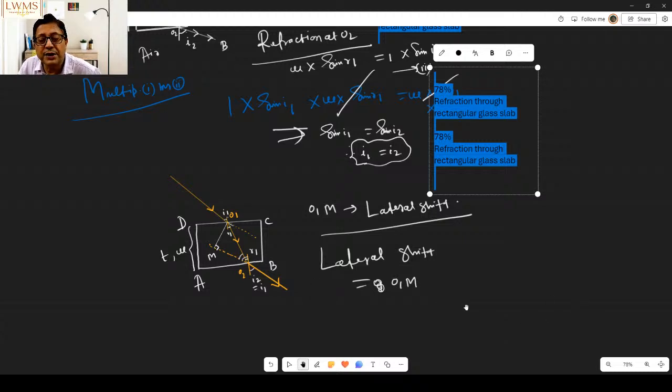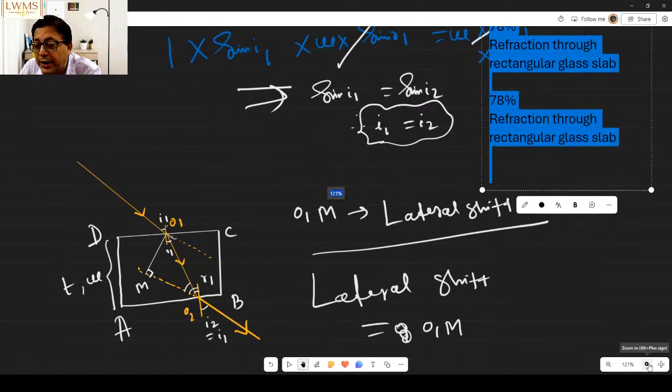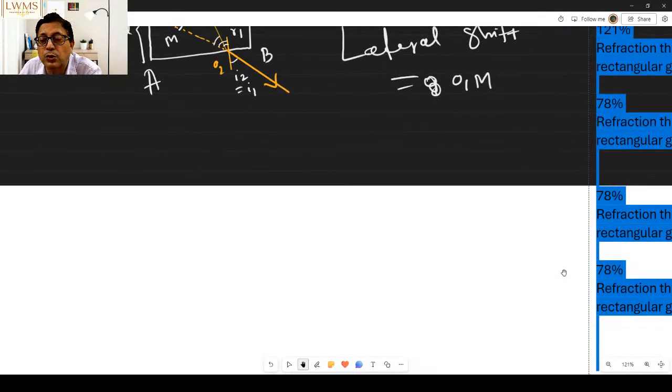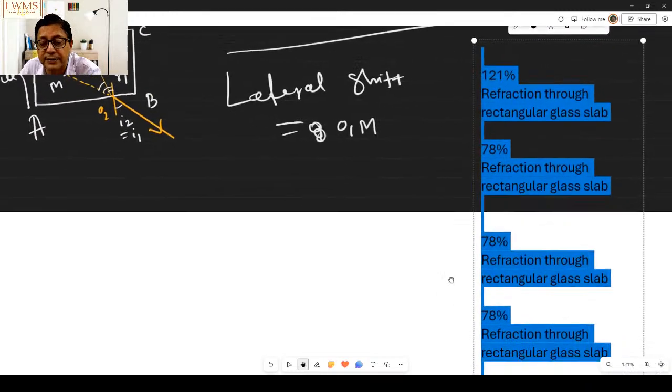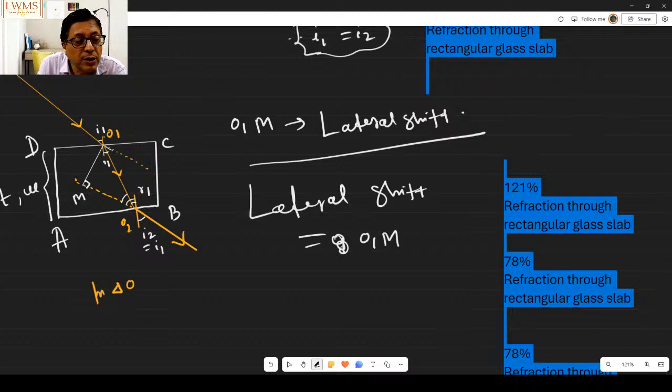So we are going to find this O1m, which is the lateral shift, and when we find this lateral shift O1m, we will find its value in the triangle O1m O2. In the triangle O1m O2, what is happening? Just check.